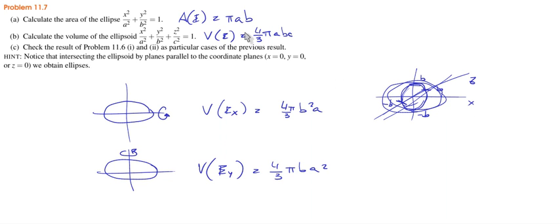So this is a special case of the general ellipsoid when c is equal to b, so you get b squared. And the same thing happens if you rotate around the y-axis, where now c is equal to a. That's how you get the volume of the two previous solids of revolution.